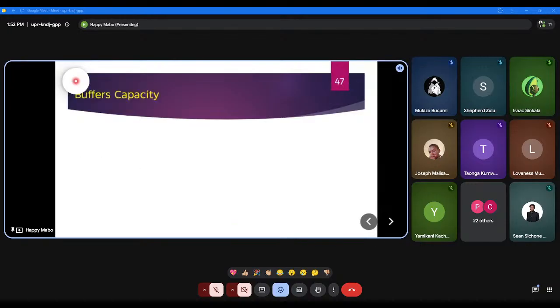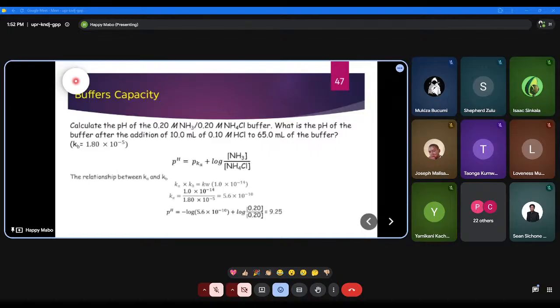So the buffer's capacity, we calculate one more example. Calculate the pH of 0.20 molar ammonia, 0.20 molar ammonium chloride buffer.